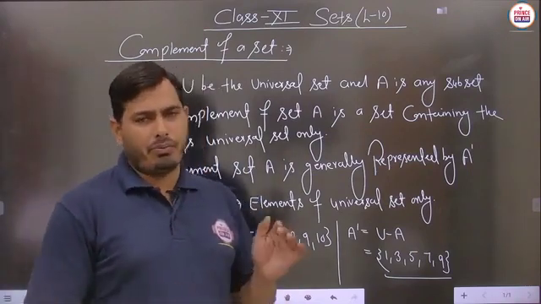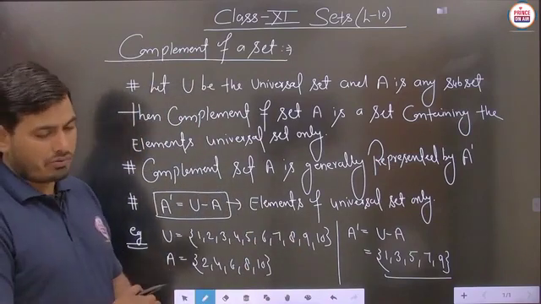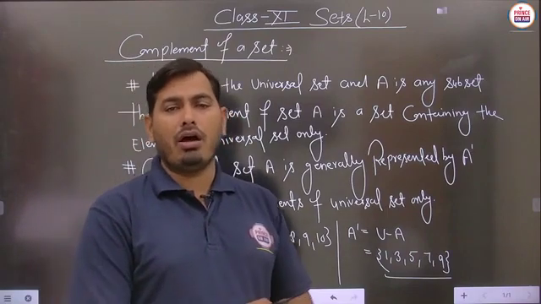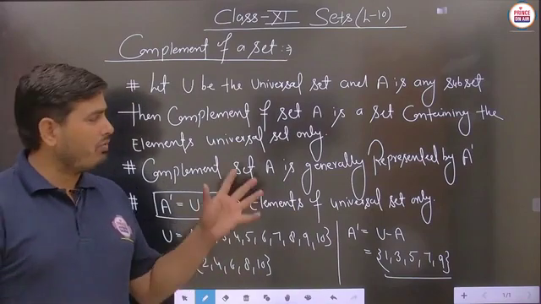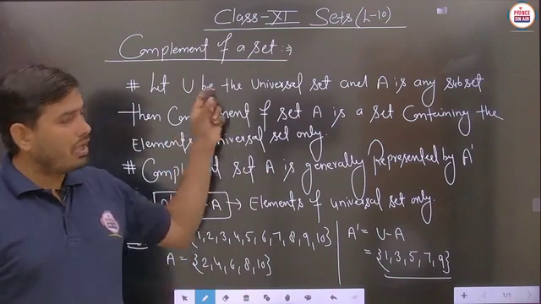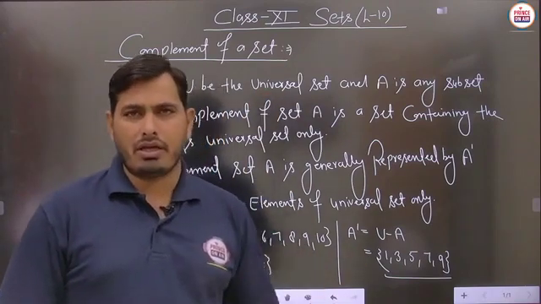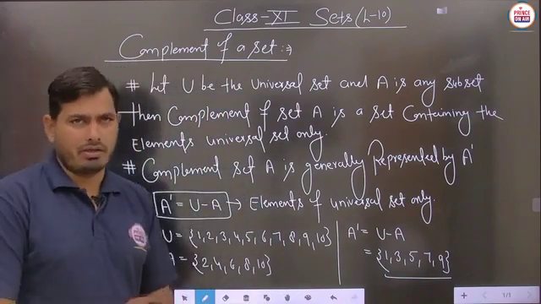And for the purpose of the complement, a universal set is always required. Without a universal set, you cannot find the complement of the given set. So the very important thing regarding the complementary set is that the universal set is required. Without knowing the universal set, you cannot calculate the complement of that set. Is it clear?